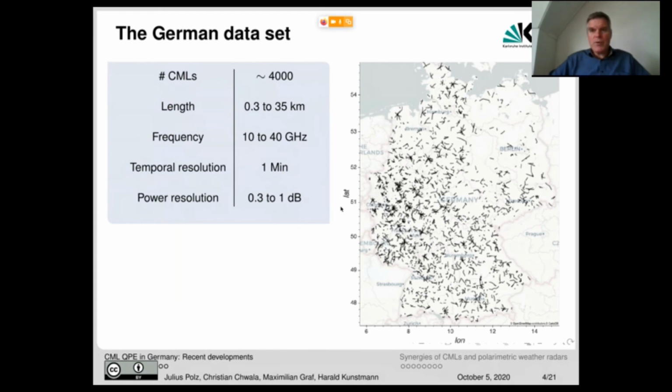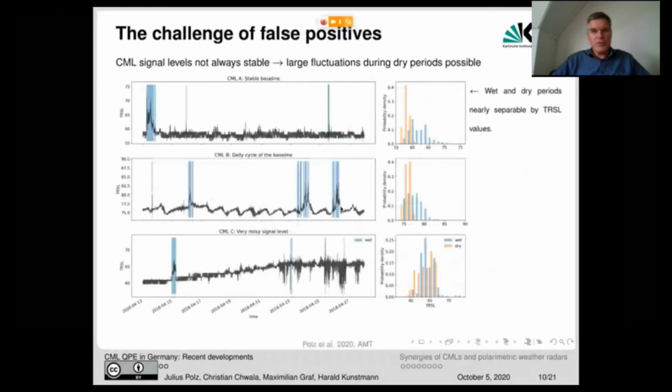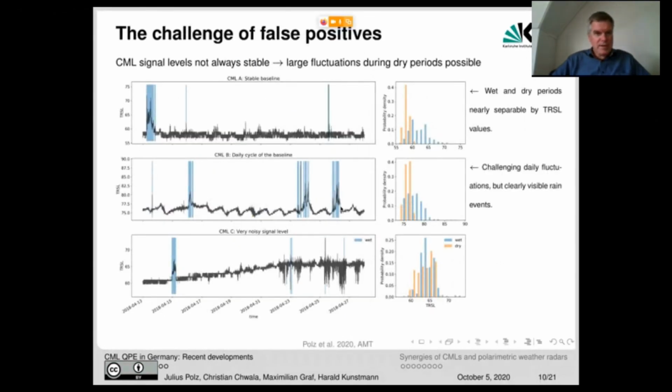I was wondering, at some point you showed that indeed you had issues with variations in the received signal level that basically prompted you to filter some of the links, and you showed here on the middle panel a situation where I believe you have a daily cycle in your received signal level. And of course that quite often points to temperature, or insolation effects. Do you have any idea of physical causes of this?